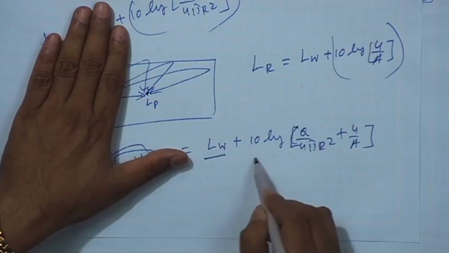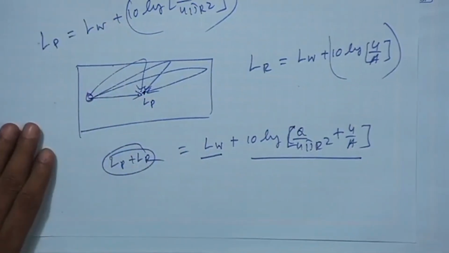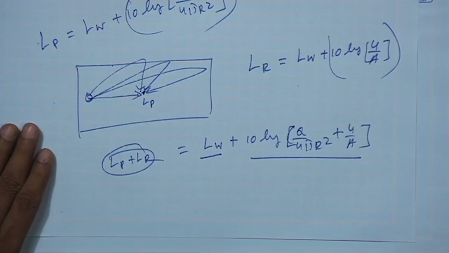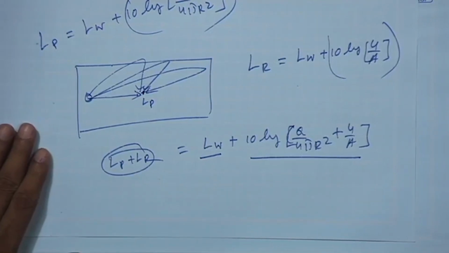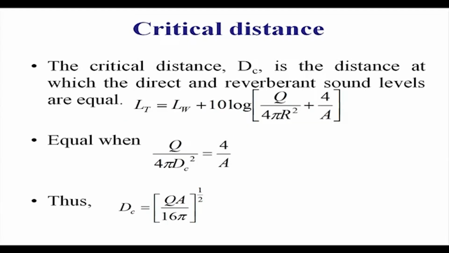So, L_W plus 10 log of Q by 4 pi R square plus 4 by A.